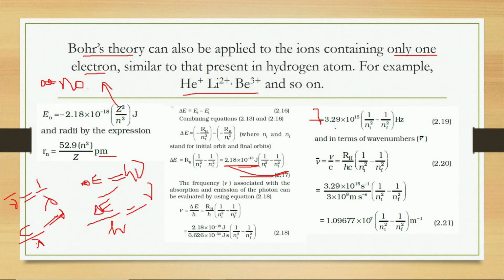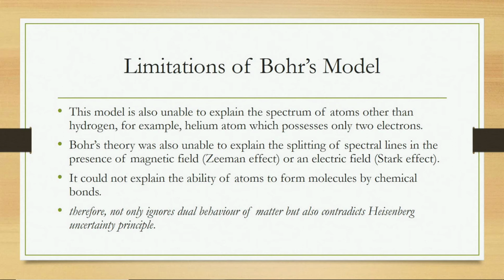So to calculate 1 by lambda, we have to divide the frequency by c, that is, 1 by lambda is equal to the wave number. So frequency divided by the speed of light is the wave number. So the overall equation is this, and this represents the wave number in terms of principal quantum numbers.